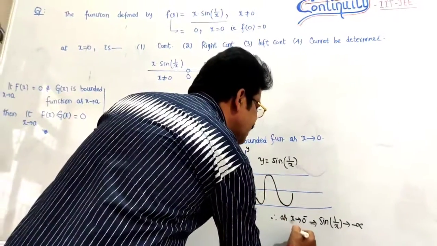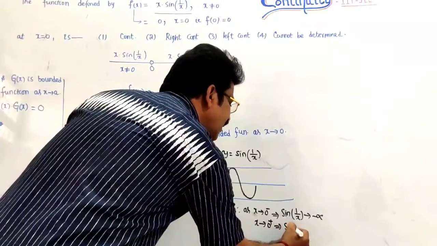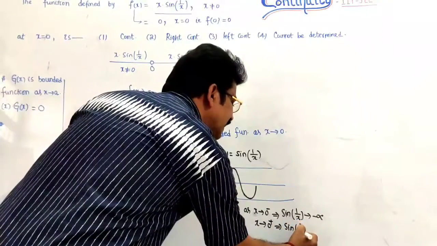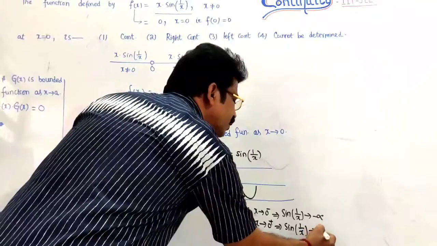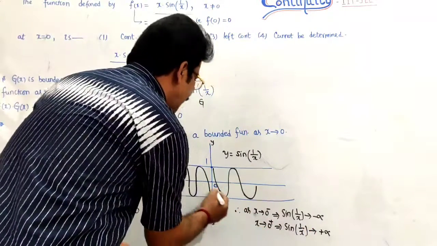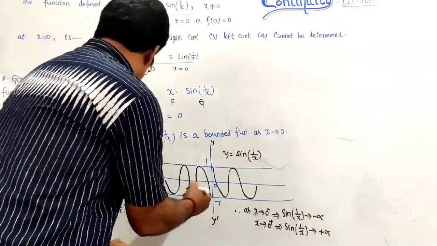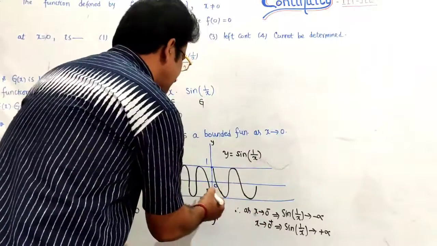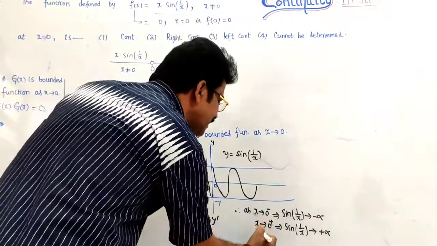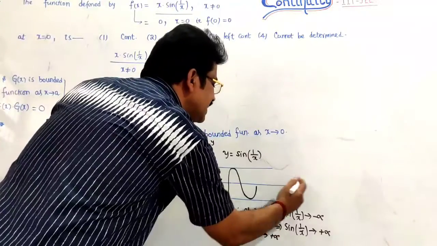Next, as x tends to 0 plus, sine of 1 by x tends to plus infinity. Another point is x tends to plus infinity, which means this area.